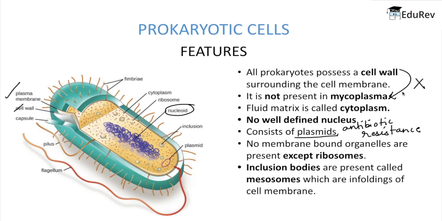Now, no membrane-bound organelles, as you can see in this bacterial cell, are present except for the ribosomes, which you can also see lie freely suspended in the cytoplasm. Apart from ribosomes, various inclusion bodies, also called mesosomes, which are the enfoldings of the cell membrane, are also present inside the bacterial cell.